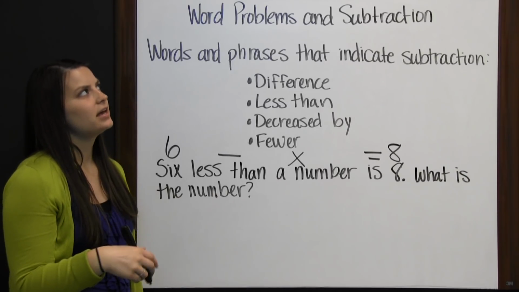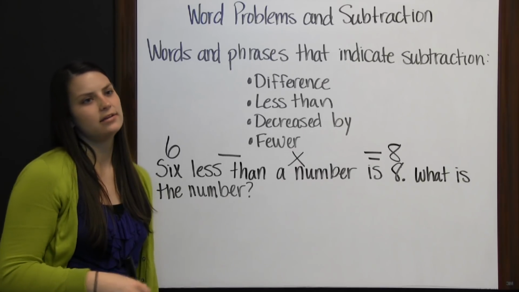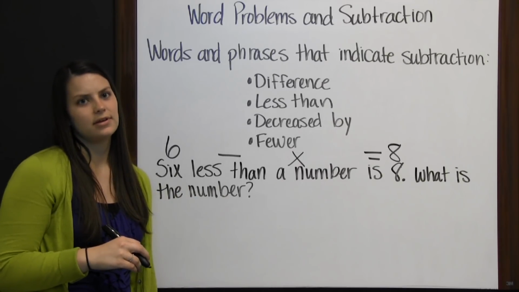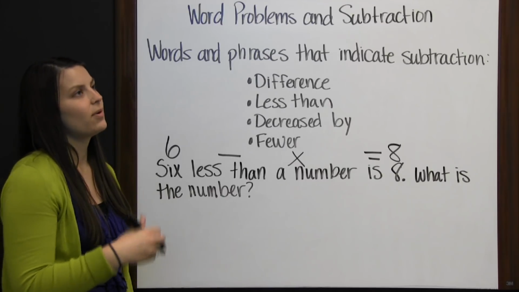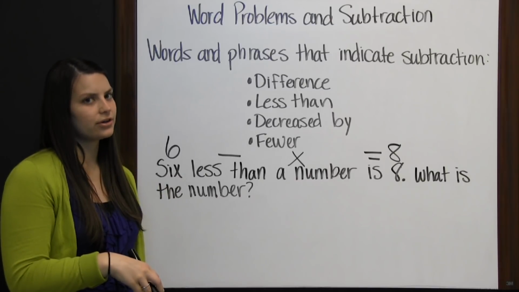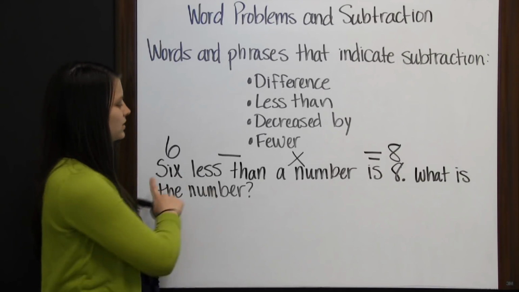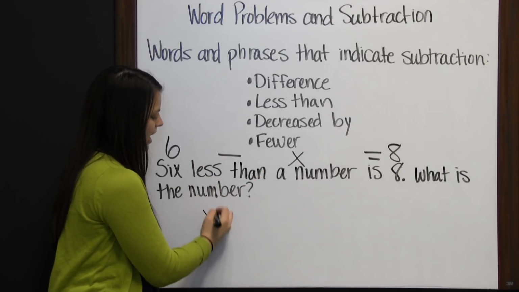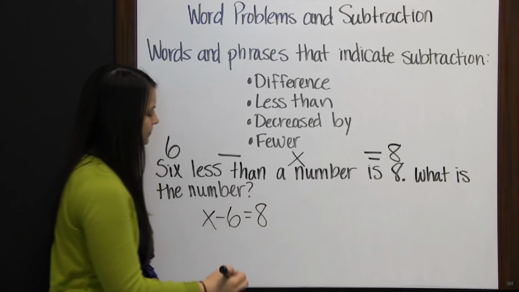Like if I said, I have $5 less than Jimmy has. That means that Jimmy has more money than I do. So I'd have to do Jimmy's money minus $5 in order to find out how much money I had. So 6 less than x is going to be x minus 6 is equal to 8.